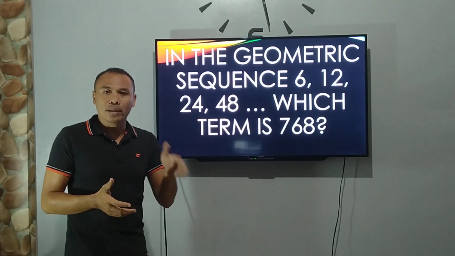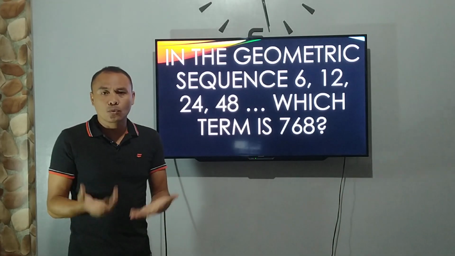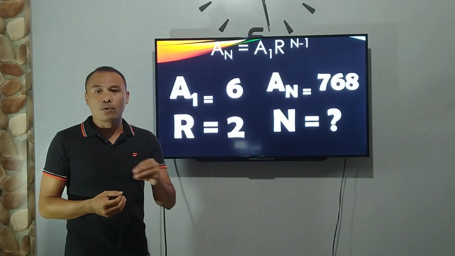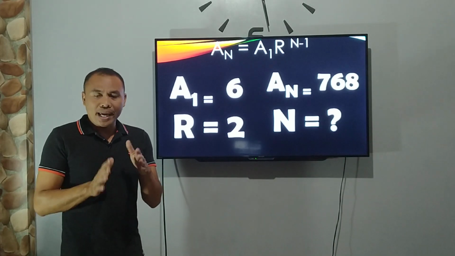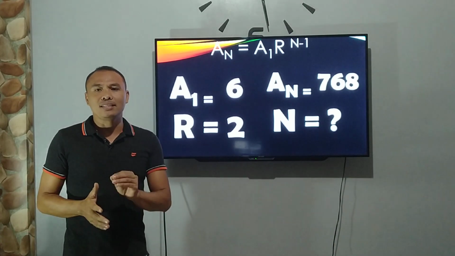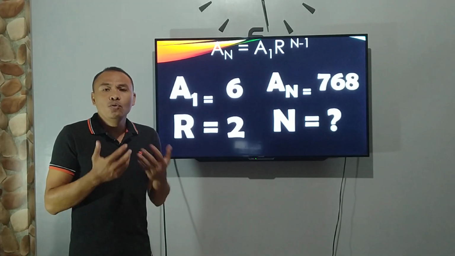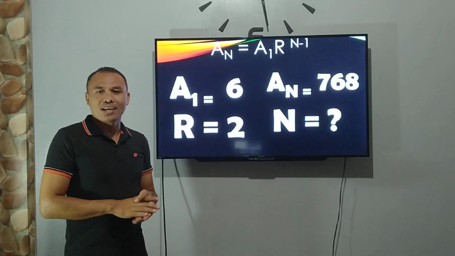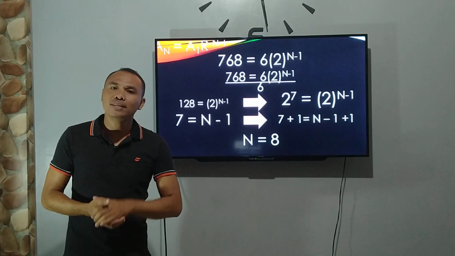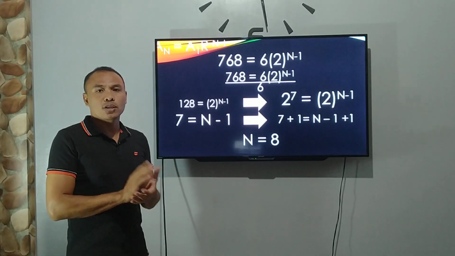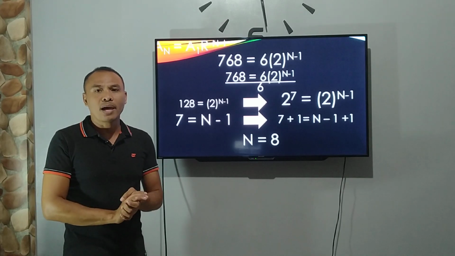Also 24 divided by 12 is 2, or 48 divided by 24 is 2. That was discussed already in our first lesson. And our a sub n, the last term, is 768, and we're looking for n. What number term could 768 be? Then substitute: the last term is 768, the first term is 6, the common ratio is 2, raised to n minus 1.